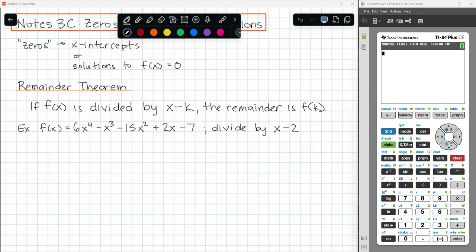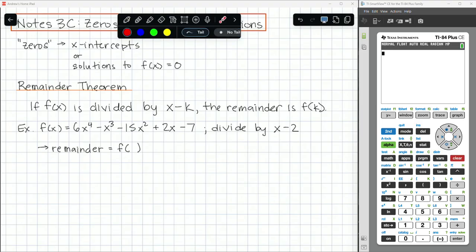So what I expect, if the remainder theorem is true, is that my remainder, when I do long division or synthetic division, should be equal to f of k.